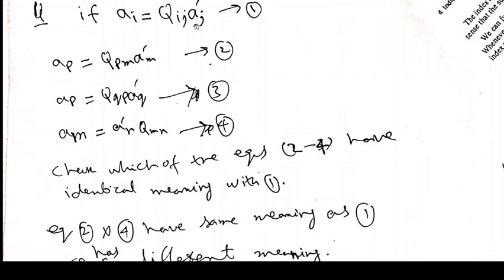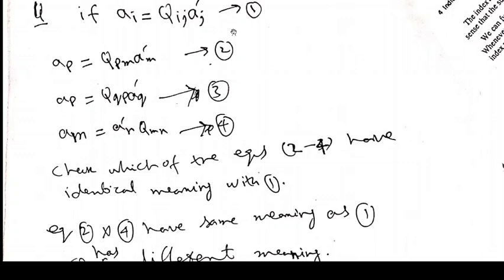Now this is one equation, a sub equation of equation number 1. Now you need to open the summation on J because J is dummy. Then you will have the terms Q11 A1 dash plus Q12 A2 dash plus Q13 A3 dash.